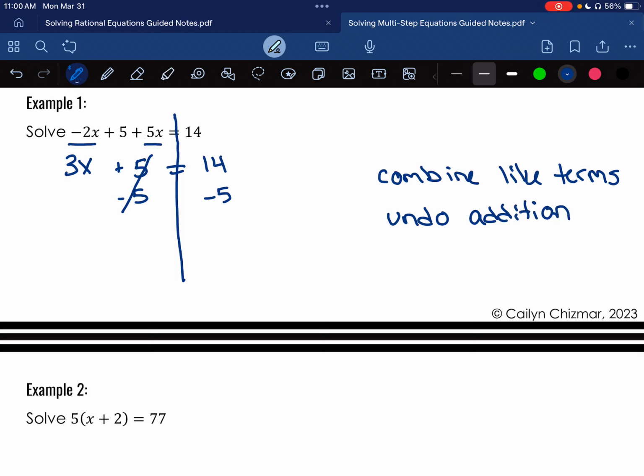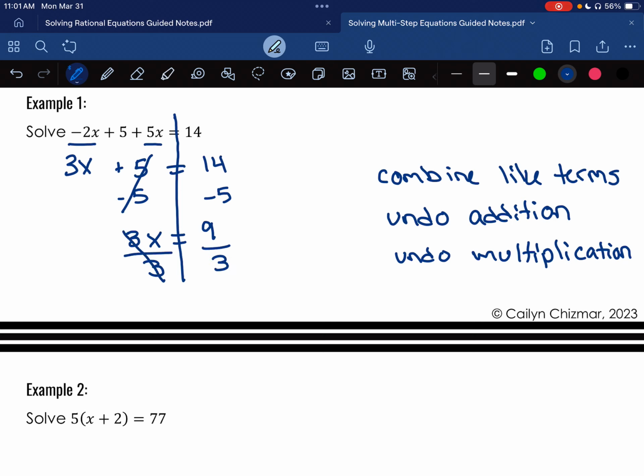And I'm going to end up with 3x is 9. And now I can undo multiplication. So I will divide both sides by 3 because it's the inverse operation, and I'll end up with x is 3.